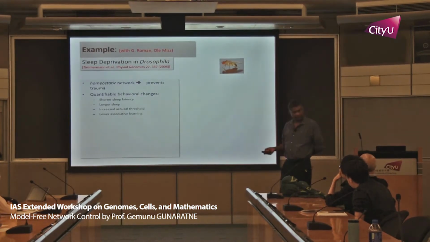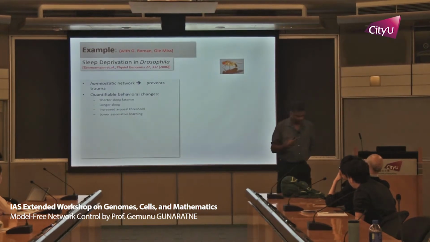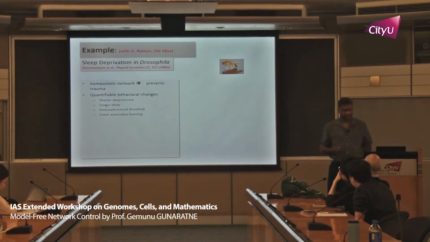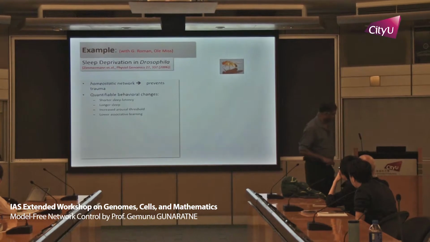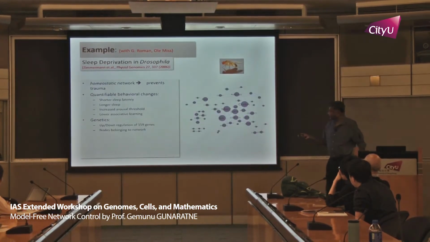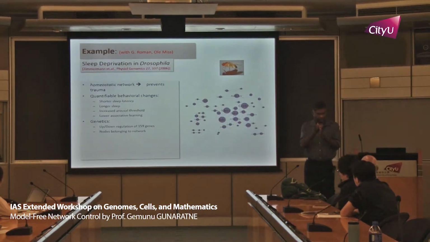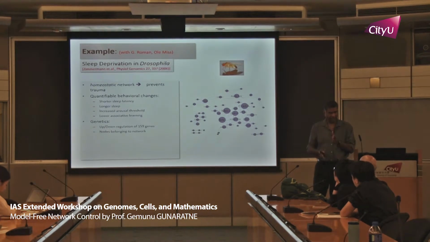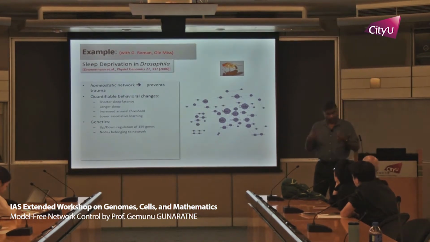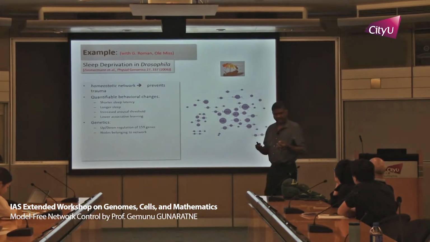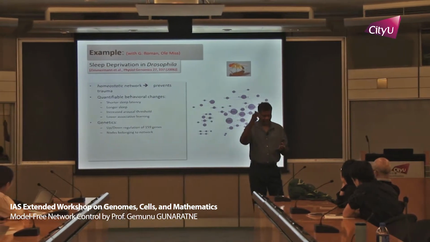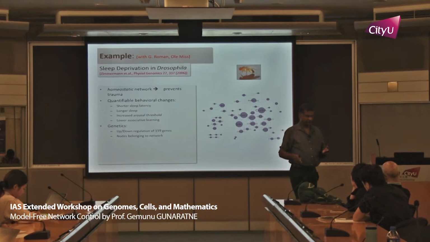So okay, these are behavioral changes in this animal, quantifiable behavioral changes. Also the genetics, like I said, what they do is, first take a non-sleep deprived animal, take the cells in their heads, sequence them and get 20,000 values of genes.